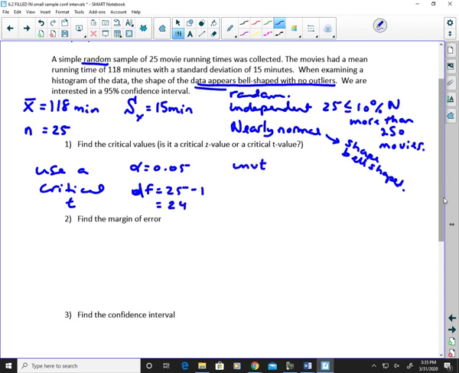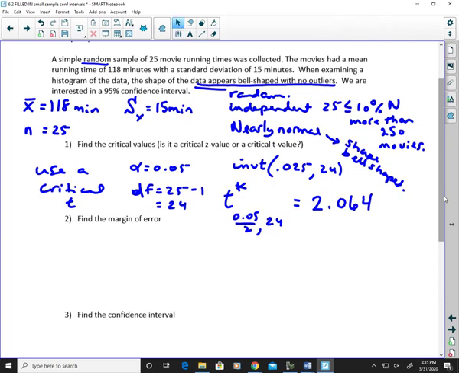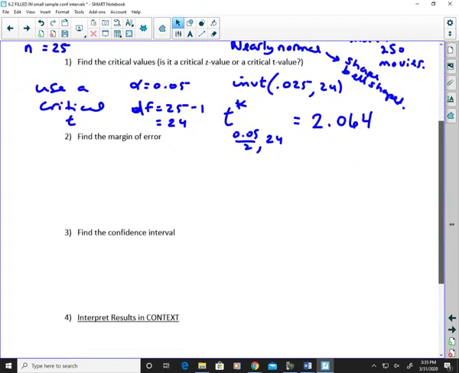So an inverse T for a 0.025, because remember I had to cut that area in half, for 24 degrees of freedom, giving me a critical T of 0.05 divided by 2, 24 degrees of freedom. I get, remember it comes out negative, but I'm going to just call it positive, 2.064. Bring that number down to the margin of error.